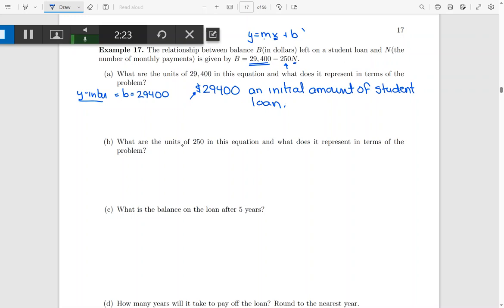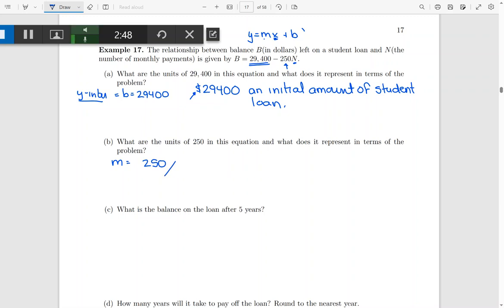So for part B, what are the units on 250? Well, notice there's a negative in front of that 250, and the 250 is in front of a variable, which means that's our slope, and it's decreasing by 250. If it's our slope, or our average rate of change, remember it's going to be something per something.